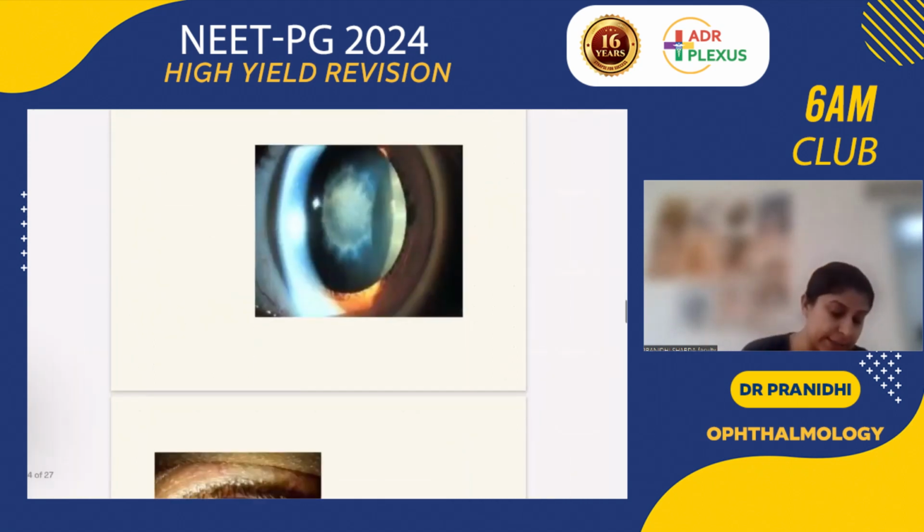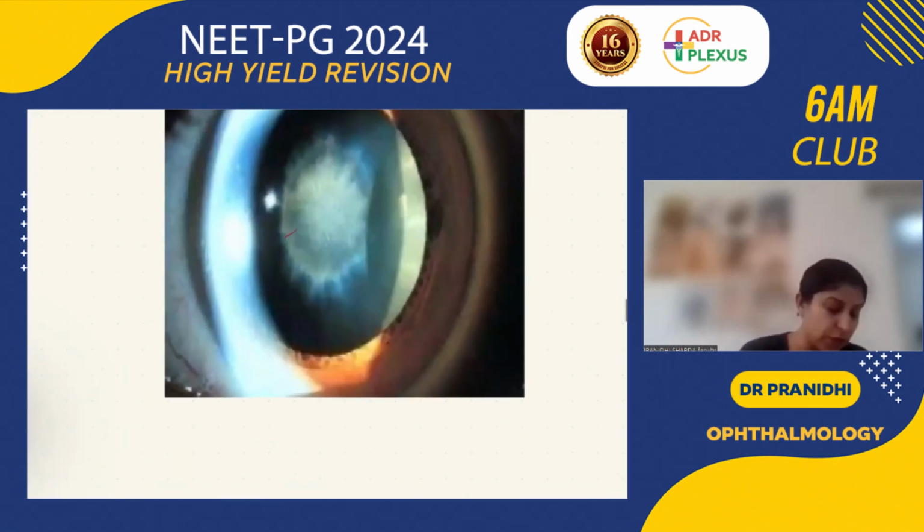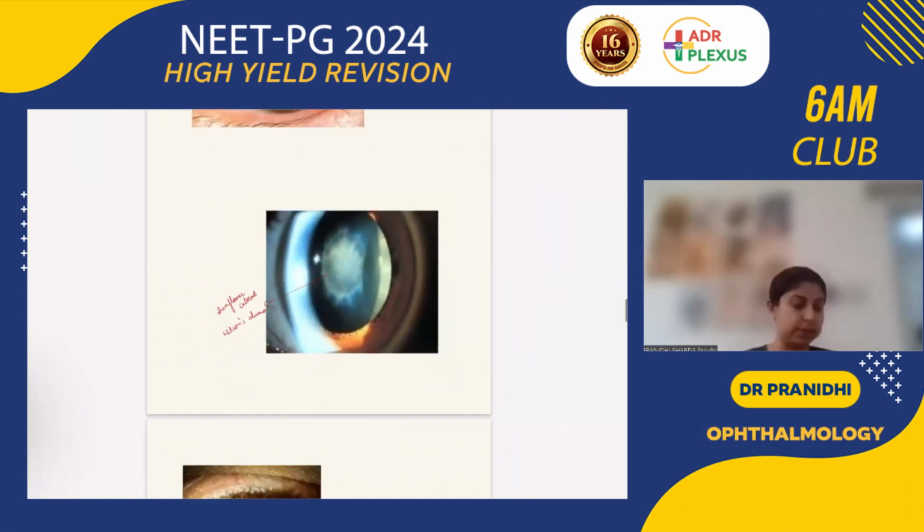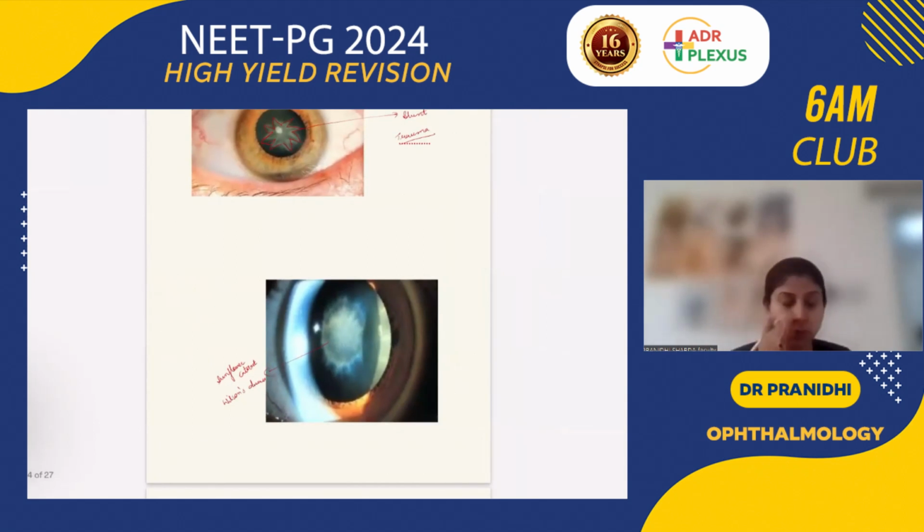And in this image, a similar looking image, this is known by the name of sunflower cataract, and it is seen in Wilson's disease. So how to differentiate between these two?